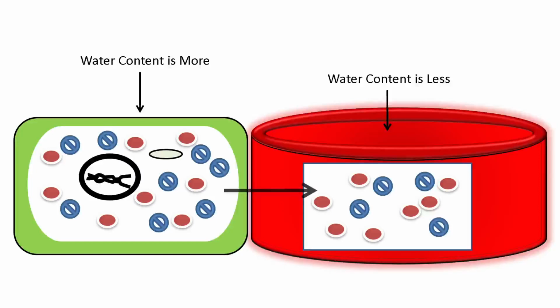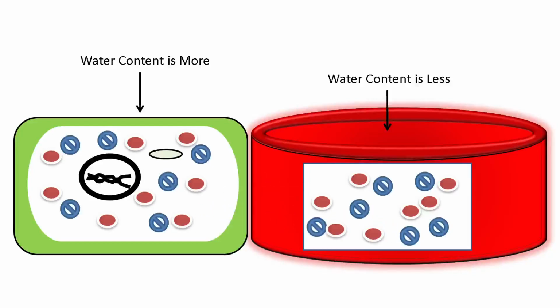Due to the excess loss of water from the intravascular space, the water content gets depleted within the plasma. So, the intracellular space comparatively has more water as compared to plasma. This excess water will enter the intravascular space to compensate the water loss, so that water concentration on both the sides becomes equal.